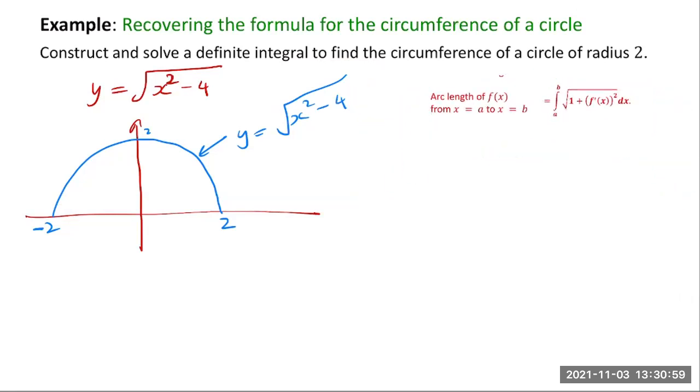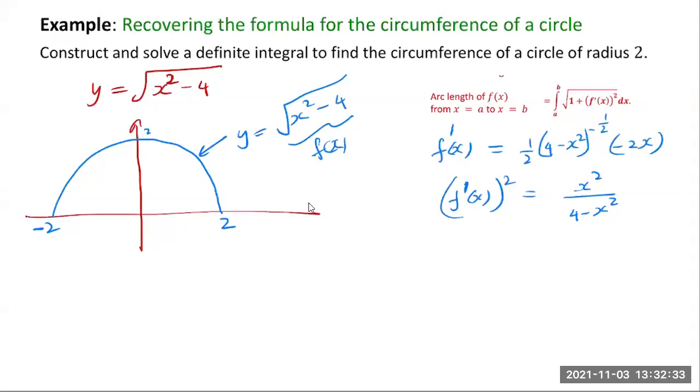For that, I know my f of x, and I can calculate f prime of x. Your f prime of x is going to be this expression. You know how to differentiate this one. Now I'm going to square it, because in the formula I need f prime of x squared. So I will calculate that here itself. That's x squared over 4 minus x squared.